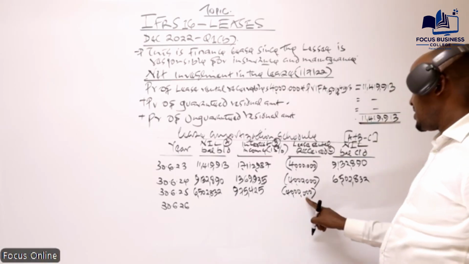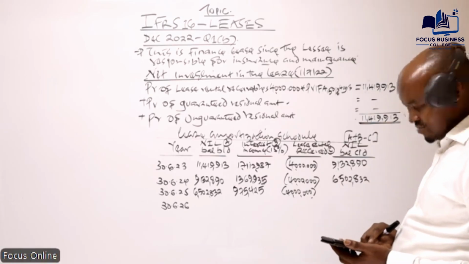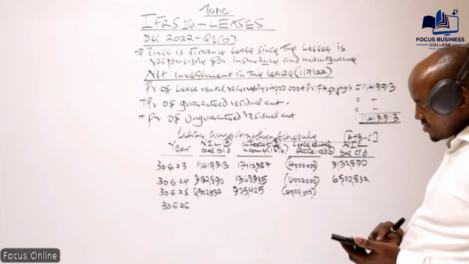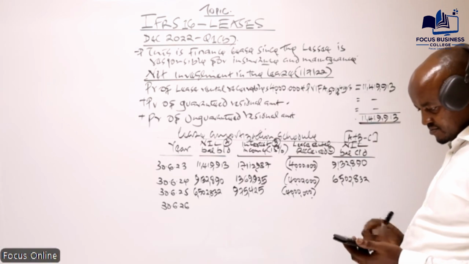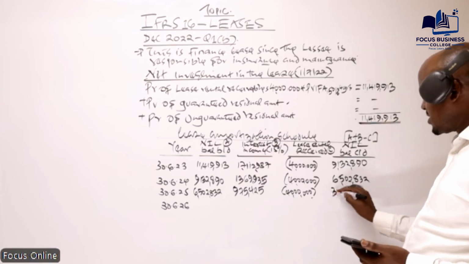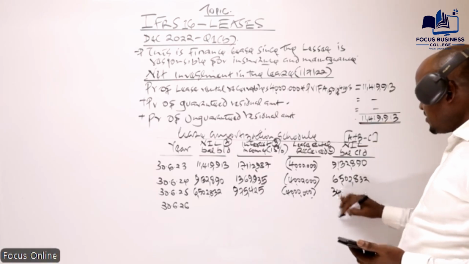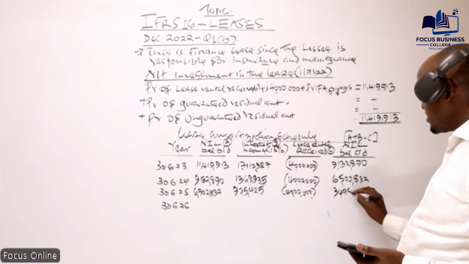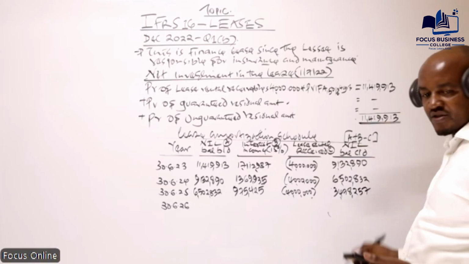Yes. So basically, we know that at the end of year 4, this is the amount which was received. So we compute the net investment that is at the end of year 3, and that will give us 3478,257.